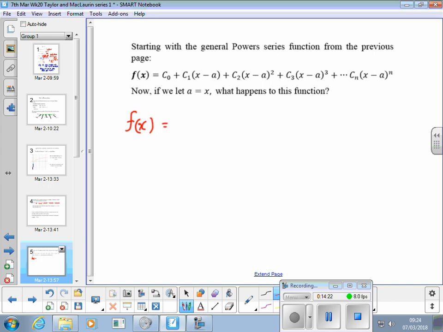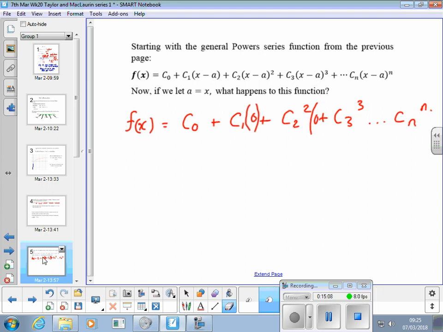We get c0 plus c1 times 0, plus c2 times 0 squared, plus c3 times 0 cubed.